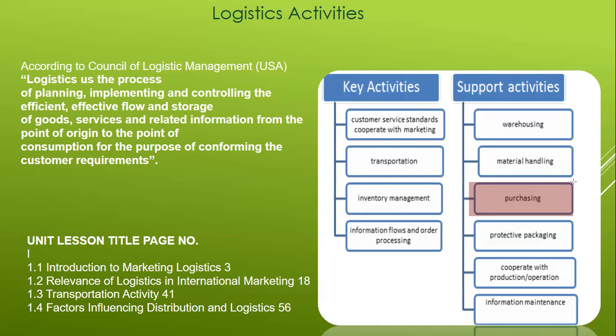In this purchasing there are a lot of activities involved, like negotiation of the pricing, vendor development, and quality checks. There are many key factors which you need to ensure before purchasing the raw material from a supplier.